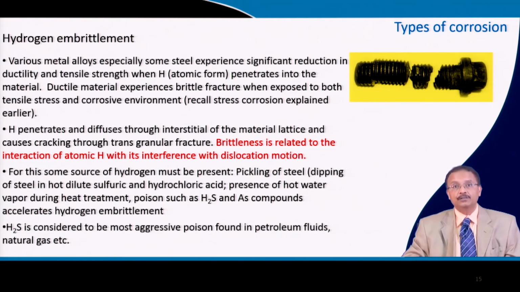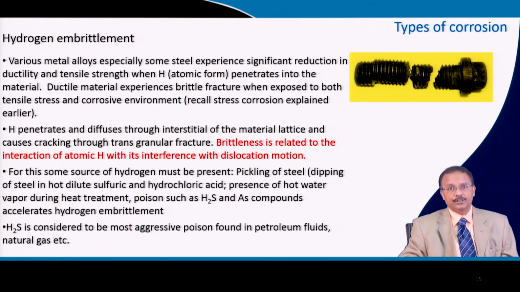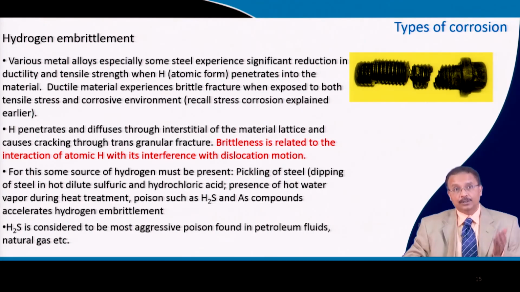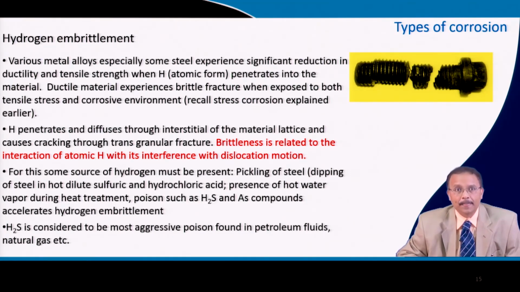It is similar to the stress corrosion I explained earlier. Hydrogen penetrates through the interstitials of the material and causes cracking, mostly through transgranular fracture. It is proposed that this brittleness is related to the interaction of atomic hydrogen, which interferes with dislocation motion, and therefore turns the material to a brittle kind of behavior.